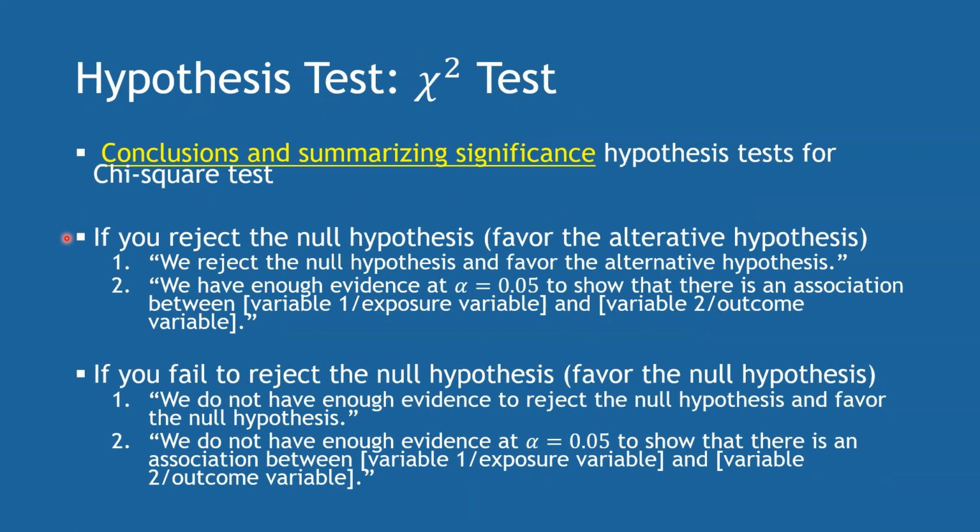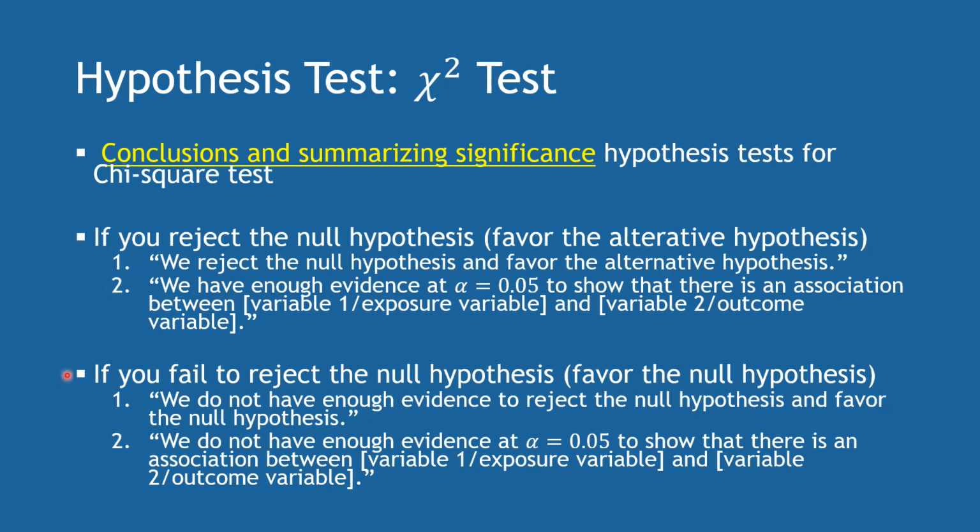And then the next thing that we're going to say is that we have enough evidence at alpha level of 0.05 to show that there is an association between variable 1 and variable 2. And then you'll replace what's in these brackets with the first variable of interest and the second variable of interest. So in the example I use from NHANES of gender and diabetes, we would say that we have enough evidence at alpha level 0.05 to show that there is an association between diabetes and gender.